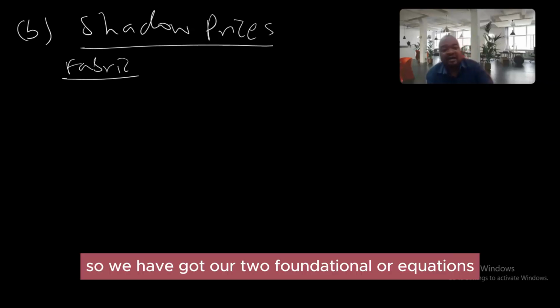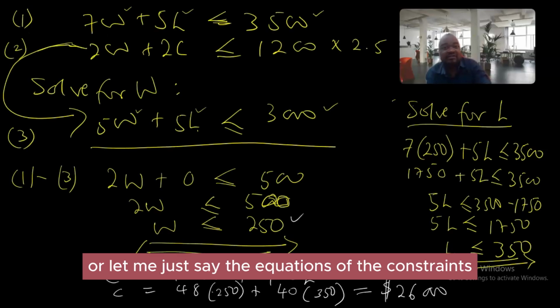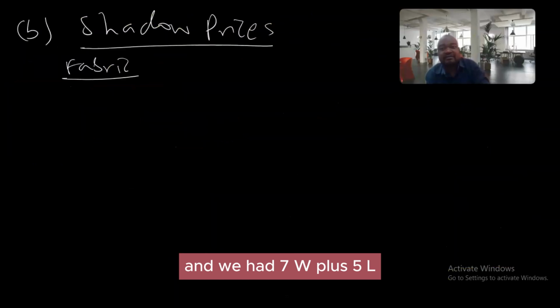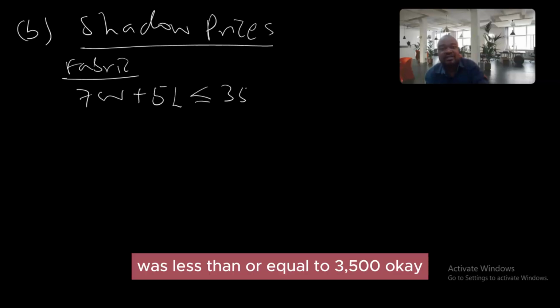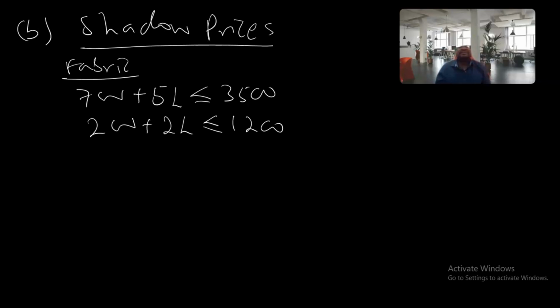So we have our two equations of the constraints: 7W plus 5L is less than or equal to 3,500, and 2W plus 2L is less than or equal to 1,200.